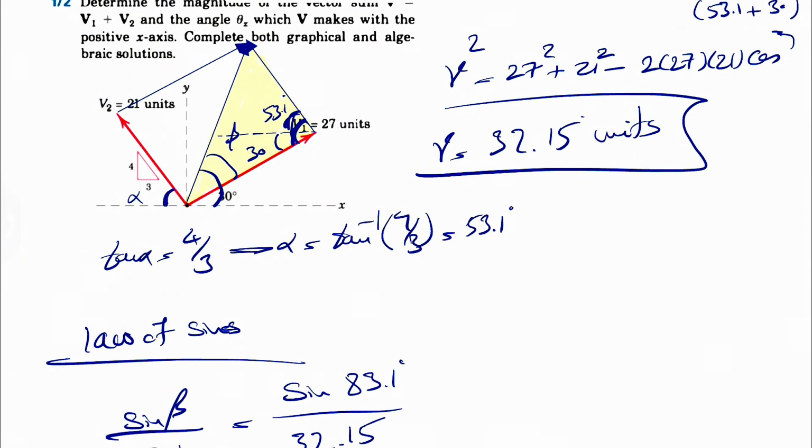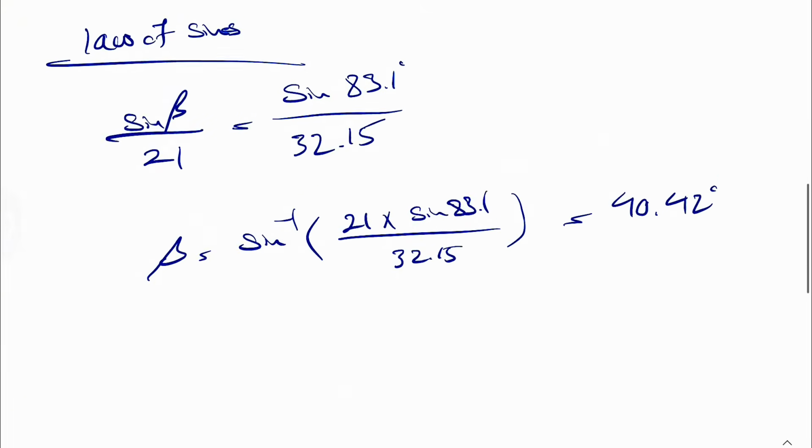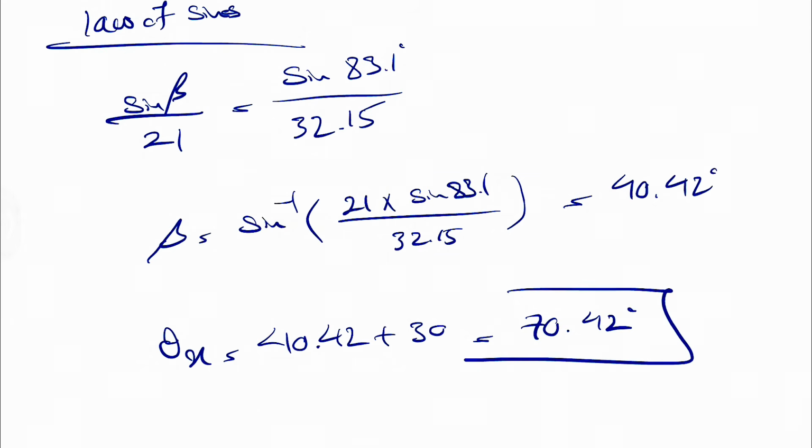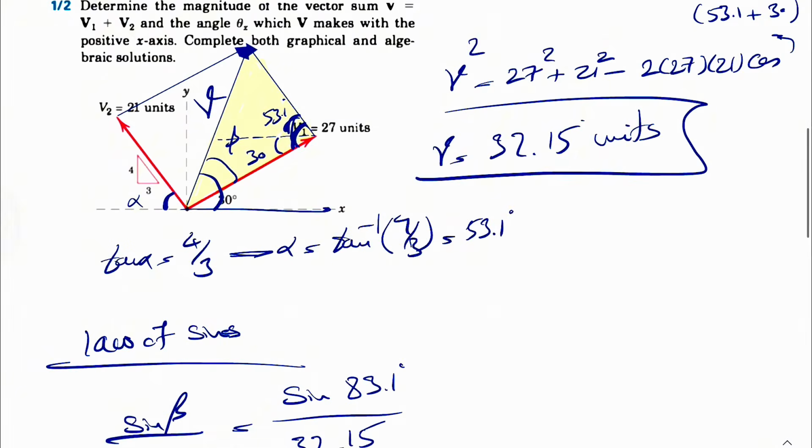The question is asking for the angle between v and the x-axis, which would be beta plus 30 degrees. So theta x would be beta, which was 40.42, plus 30, or 70.42 degrees. And that's pretty much everything for this question.